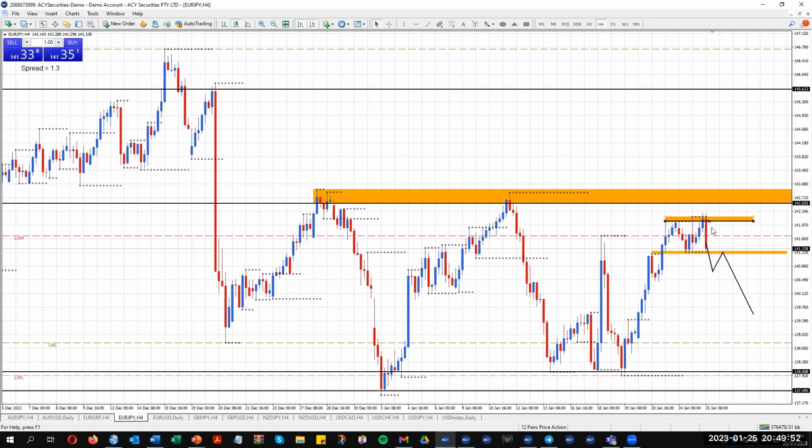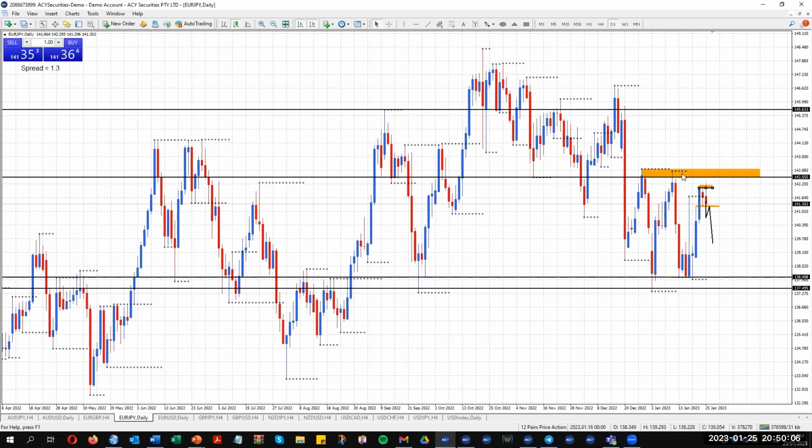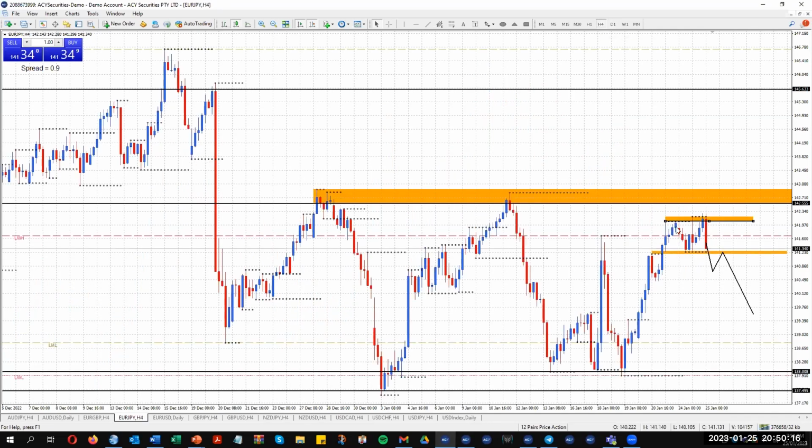Now, for me, someone is saying use different colors for different time frames, but I've only got so much time. If you're doing it yourself, you can use different colors for different time frames. But up here at the top, this is daily. You can do a color coordinate thing if you want to, but for me, it's all the same thing.